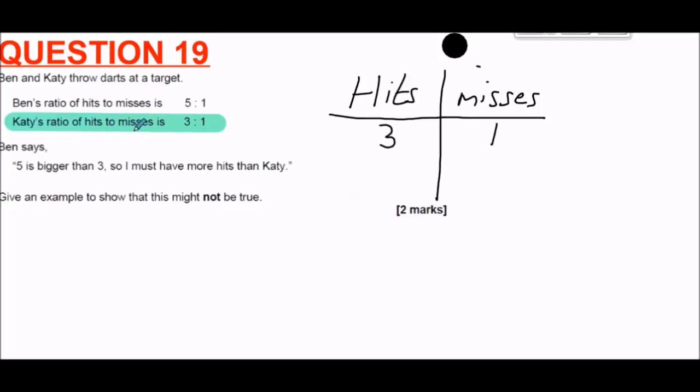But what could it have been before this ratio was simplified and ended up being 3 to 1? Well, for all we know, she could have actually had 10 times more hits. So 3 times 10, it's just any old example, would be 30.